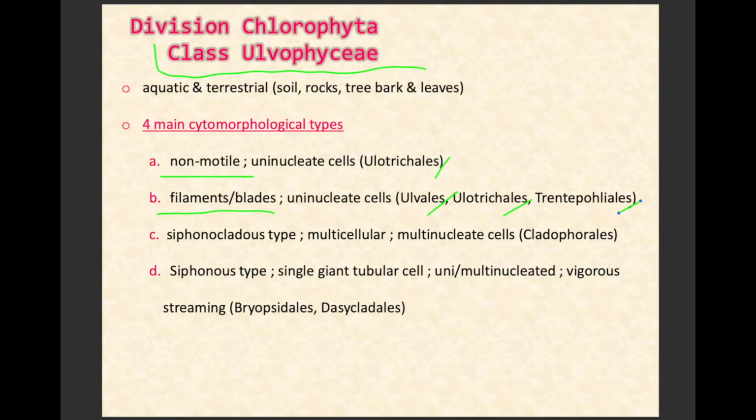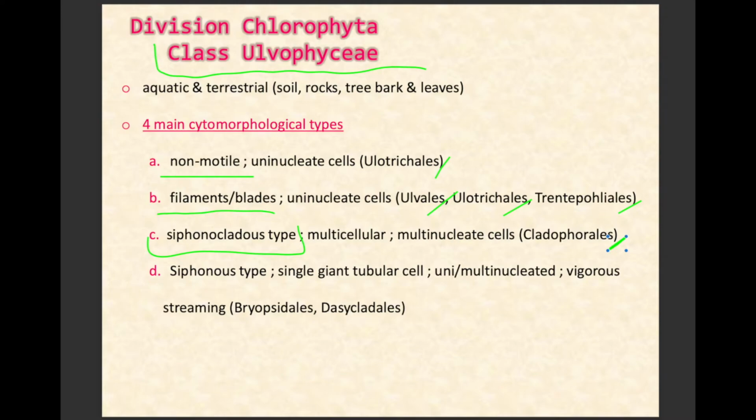And meron tayong mga Siphonocladus type. Oh, ayan. Yung mga Siphonocladus naman na type, these are the multicellular or multinucleated cells. These are, for example, your organism that belongs to Cladophorales has the Siphonocladus type.